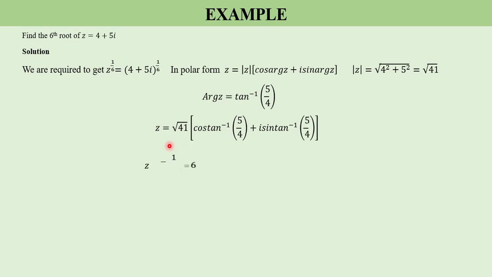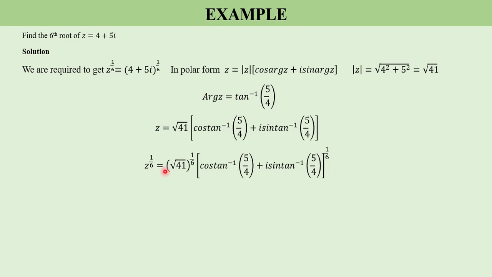So we shall have z power 1 over 6, taking the sixth root on both sides. So z power 1 over 6 is equal to the square root of 41 power 1 over 6 times (cos tan inverse of 5 over 4 plus i sin tan inverse 5 over 4) power 1 over 6.